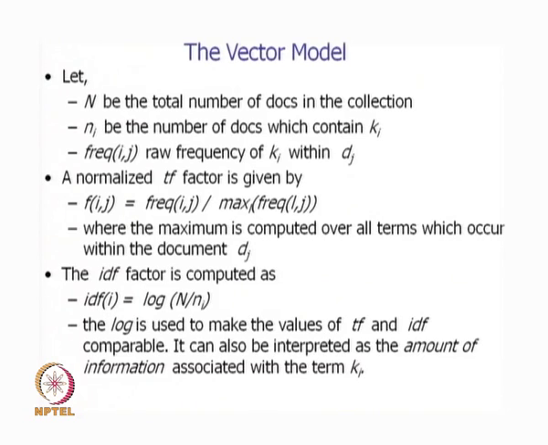IDF_i is log of N by n_i. So, N by n_i is a number which is the total number of documents in the system divided by the number of documents which contain the keyword k_i. So, N by n_i is greater than or equal to 1.